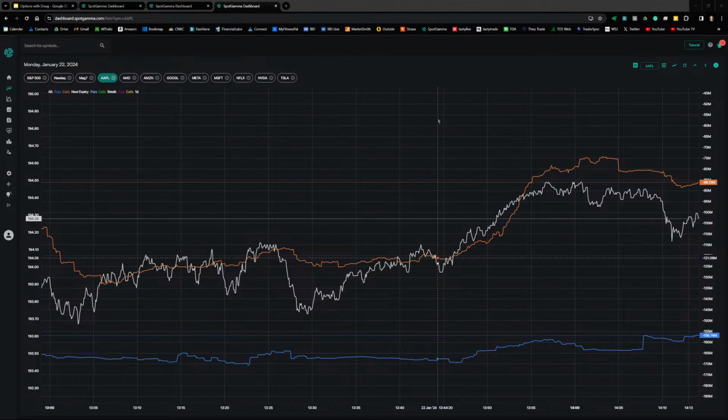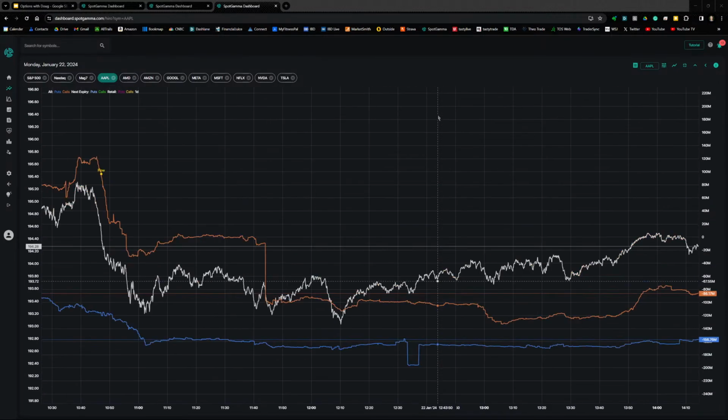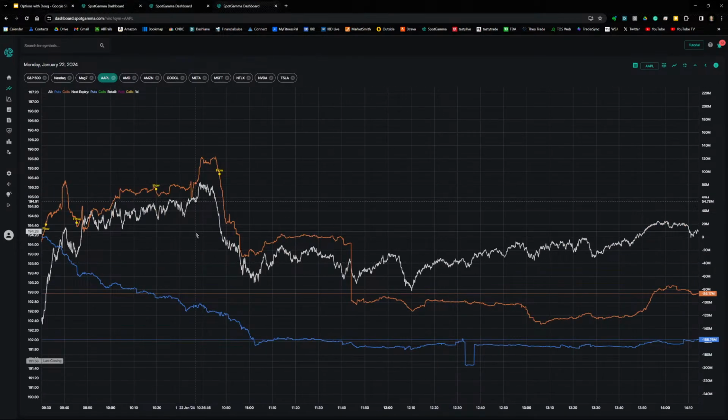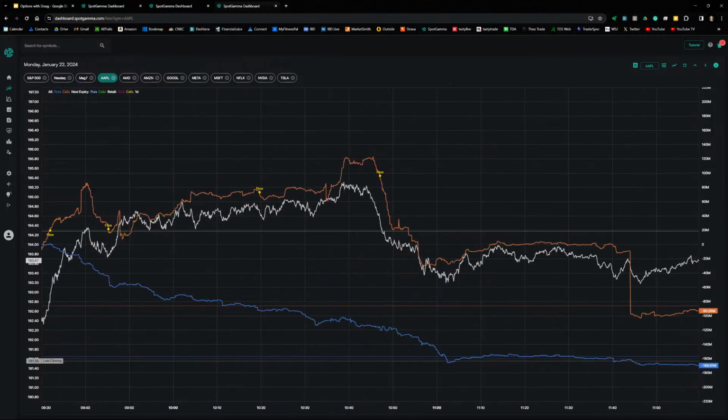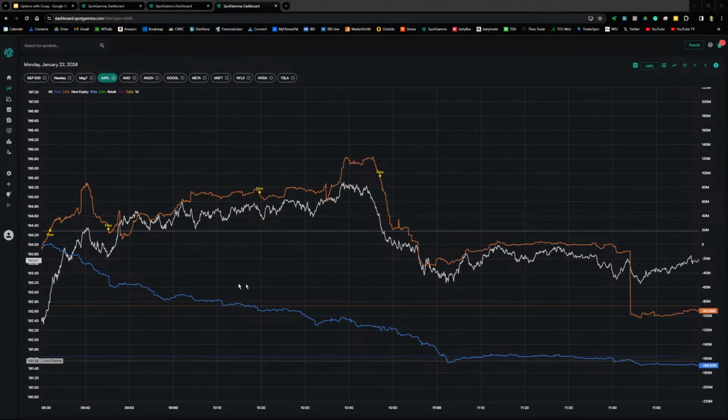That's an issue with Hero. The orange line is showing calls. A rising orange line indicates traders are buying calls. When traders buy calls, market makers sell the calls, and they have to buy stock to hedge their delta exposure. They were also buying puts. That's shown by the falling blue line.